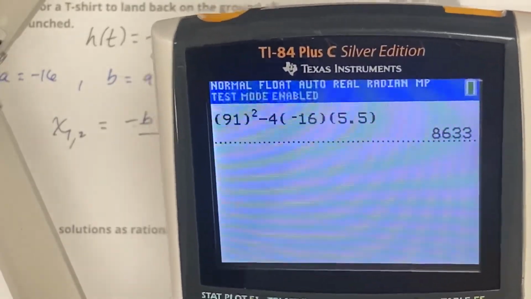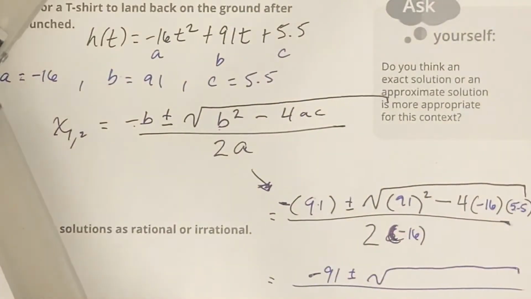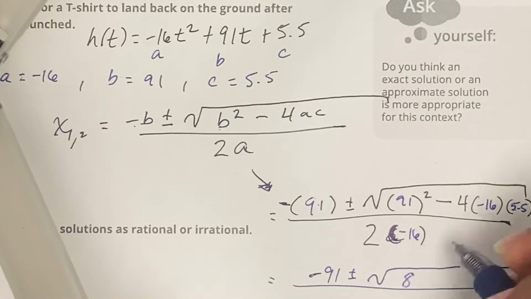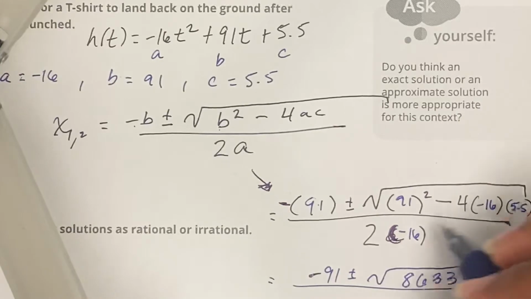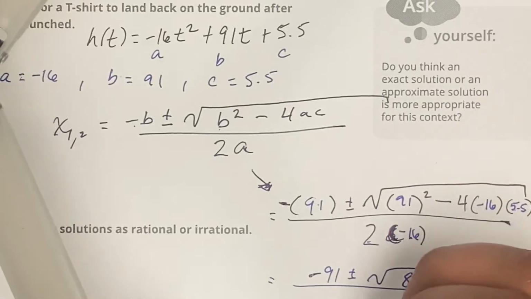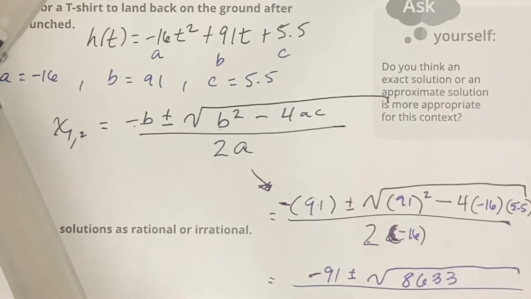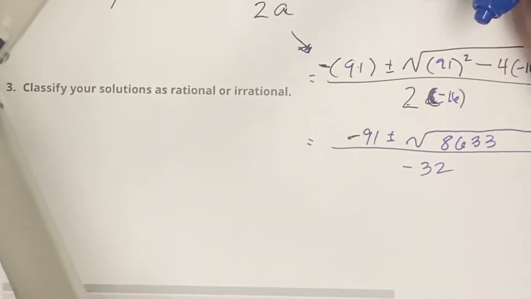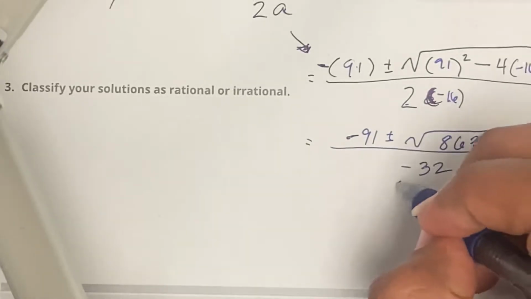Get that wonderful number, 8,633. 2 times negative 16, you get negative 32. Okay, next, it looks like we're going to get an irrational set of numbers.